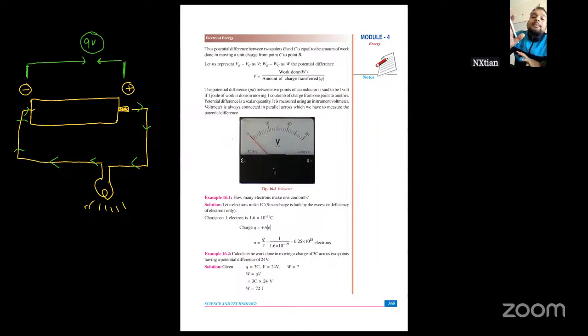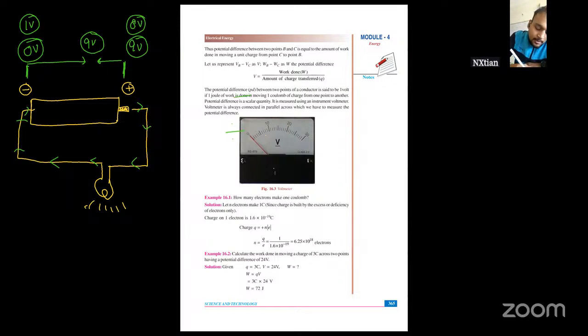Suppose this is 9 volt and this is 0 volt, so we get 9 volt as a difference. Now, after some time while using the bulb, it becomes 8 volt and 1 volt. What is the difference now? 8 minus 1, 7.